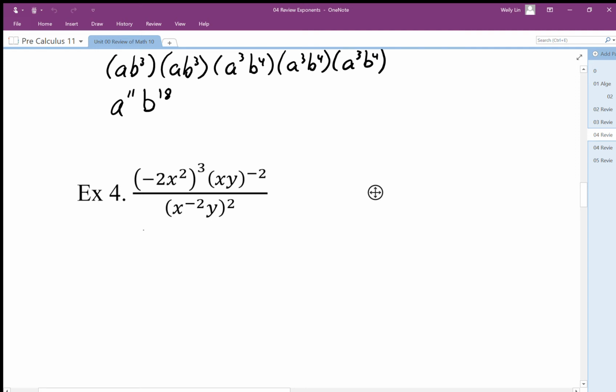So this really can represent negative 2 to the power 3. This could represent x squared to the power 3.